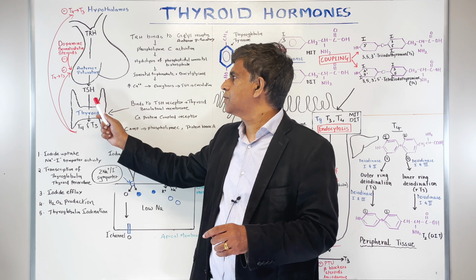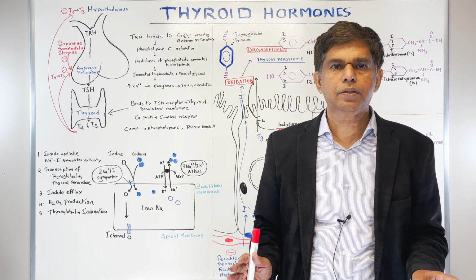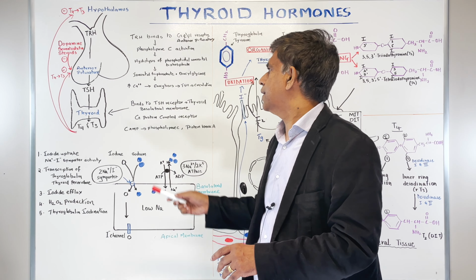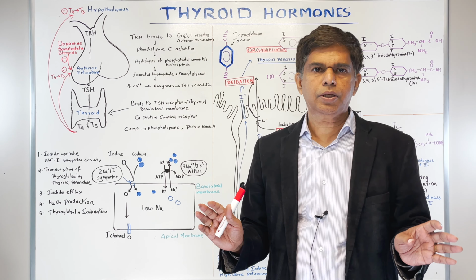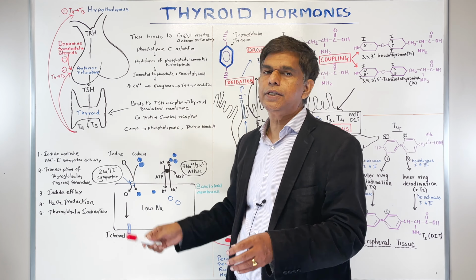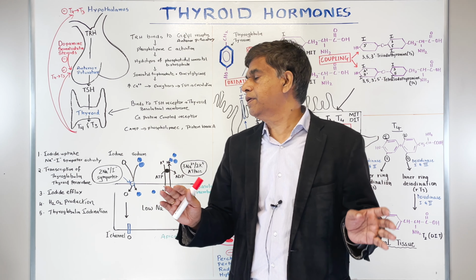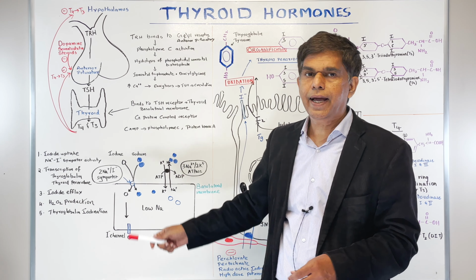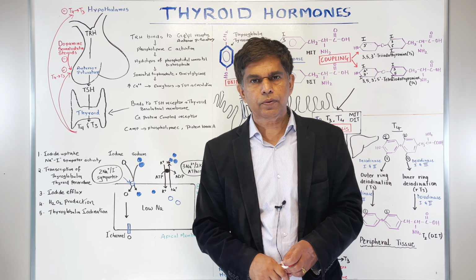Once the TSH is released, where does it have to go? It has to reach the thyroid. It goes through the blood and reaches the thyroid, and then a series of events happens over there too. The main thing is it has to find a receptor. There's a TSH receptor, which is a G protein coupled receptor. Once it binds to the receptor, another cascade of events happens. There is cAMP activation, phospholipase C activation, and protein kinase activation, okay?